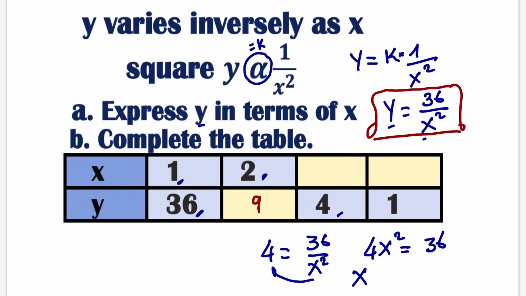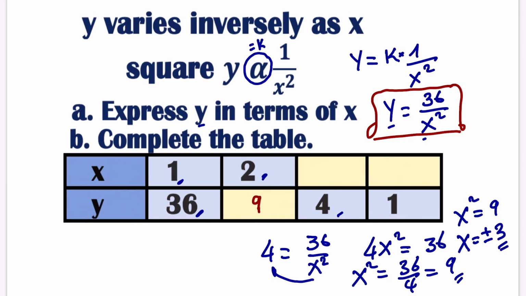So x squared equals 36 over 4, which is 9. X squared equals 9 is a quadratic equation, so we are going to have two answers. x will be equal to the square root of 9, plus or minus 3. So here we have plus and minus 3.